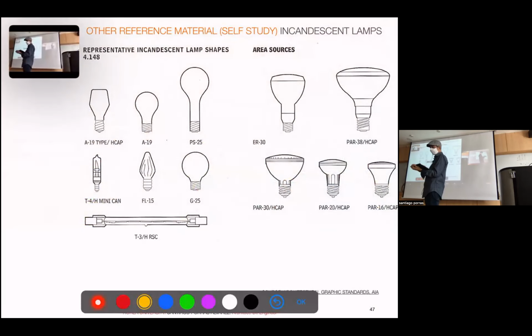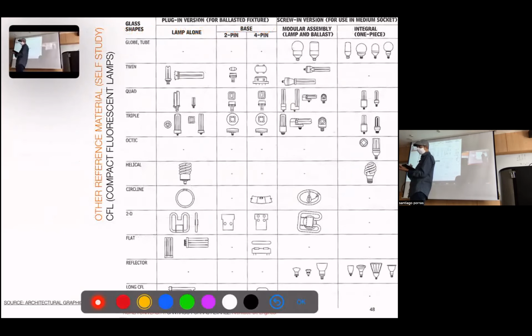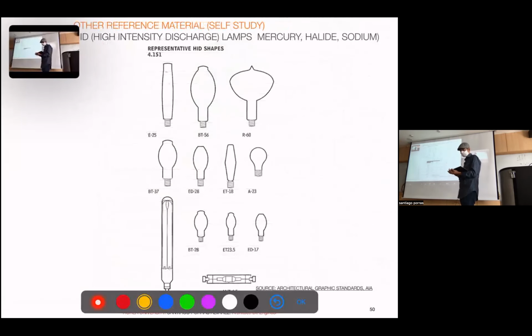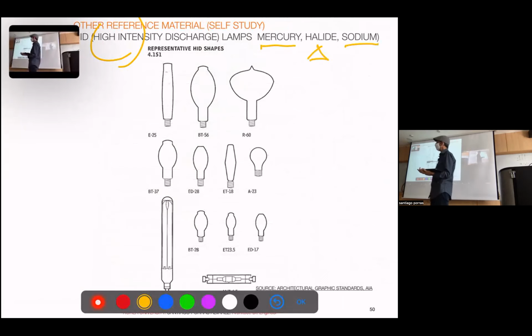So there are plenty of standards for bulbs. You have here some of the basic references for the standards. And this is a full chart for just fluorescent. Fluorescent has been so long in the market that we have a huge variety. Whereas LED is a bit more mysterious. It's more simple. This is for high intensity. Again, mercury, sodium. Metal halide is in the market, but I didn't see it so often, right? So you know how they look.